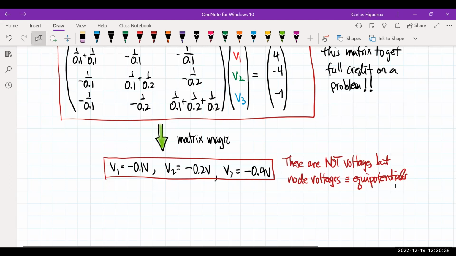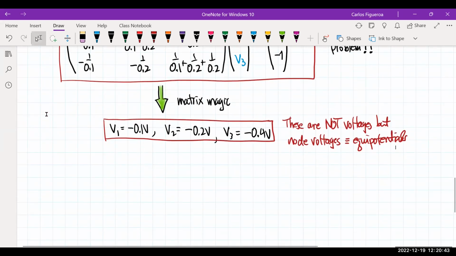Okay, so here we go. What does this tell us? What do these values tell us?